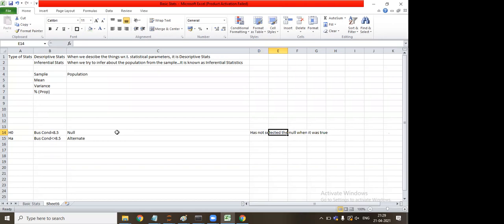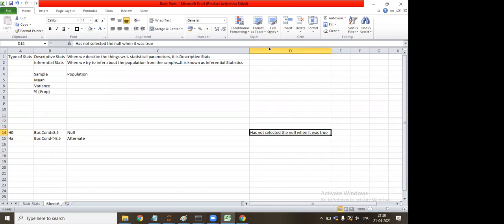Okay, now when person B did not go to Nainital, person A went alone, considering the rating is 8.5 only, and person B said, no, I don't think the rating is 8.5. I will not board the bus. So when person A went to Nainital, person B called him and asked how much is the rating of the bus.